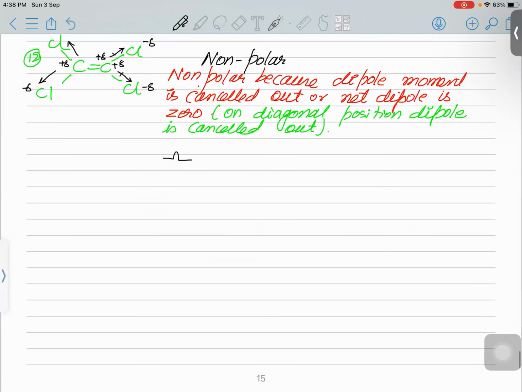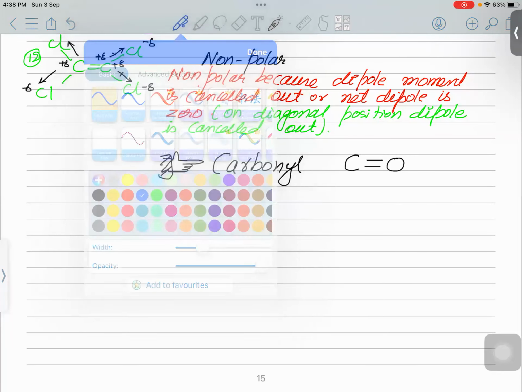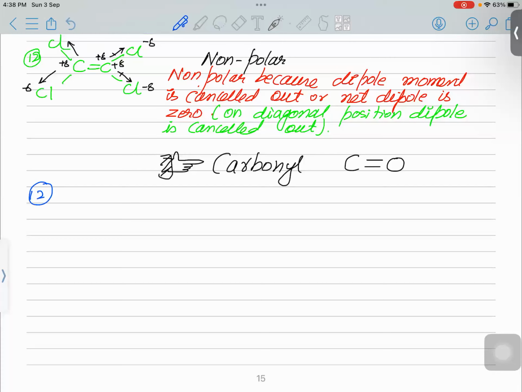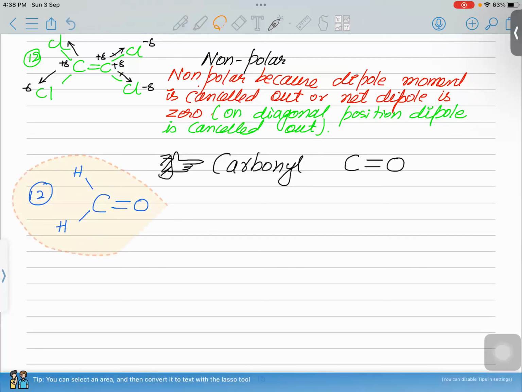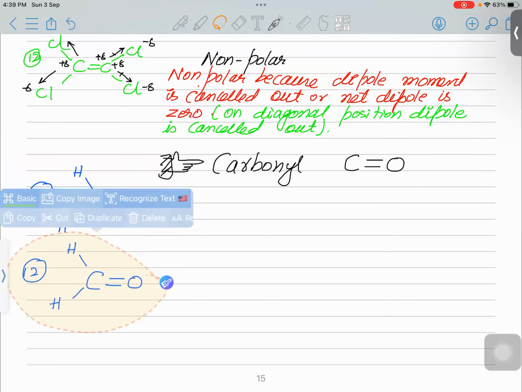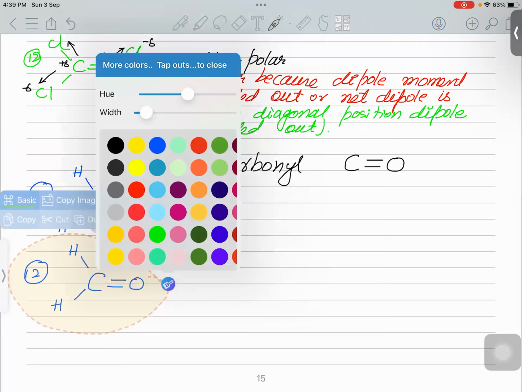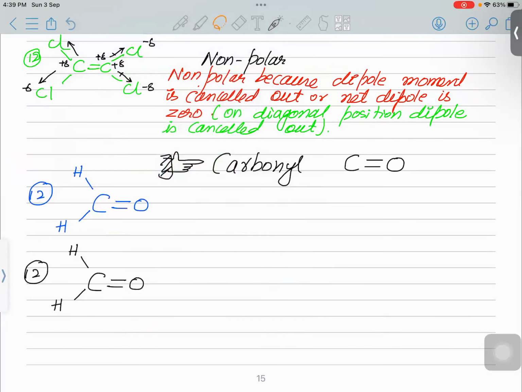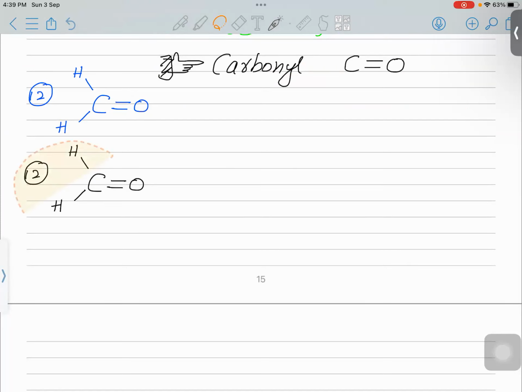Now the third case is carbonyl. Carbonyl means the compound which contains a carbon-oxygen double bond. Is it polar or non-polar?